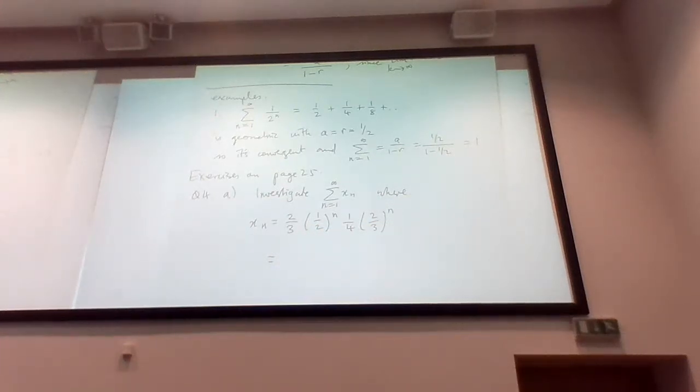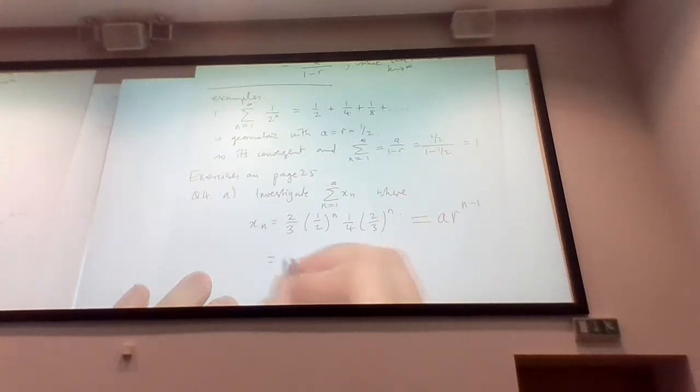Now we recognize the fact that it's geometric because in the term, the only thing that changes is we get powers of these fixed constants. And the powers are n, the index of the series, so it all looks good. But if we want to apply our theory and our formula, we need to determine the values of the two parameters, a and r. So we just need to kick this around a little bit until it's fitting into that pattern.